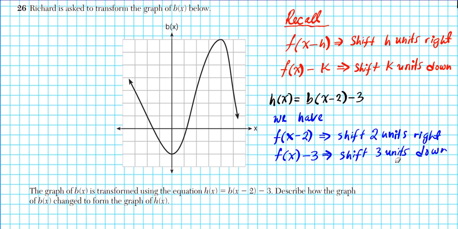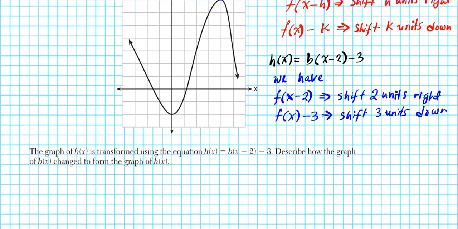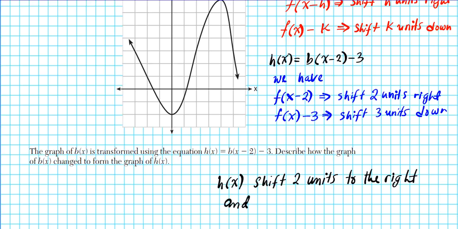Okay, so that's basically what the answer is. So for the transformation, our answer is that h of x is going to shift 2 units to the right and 3 units down.